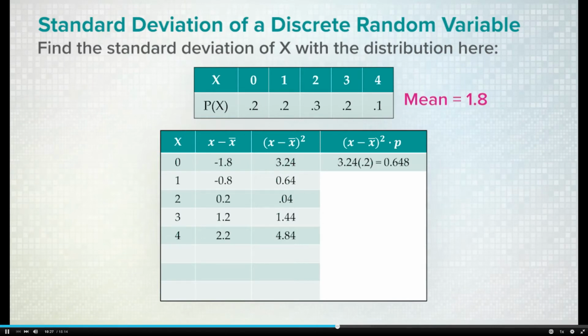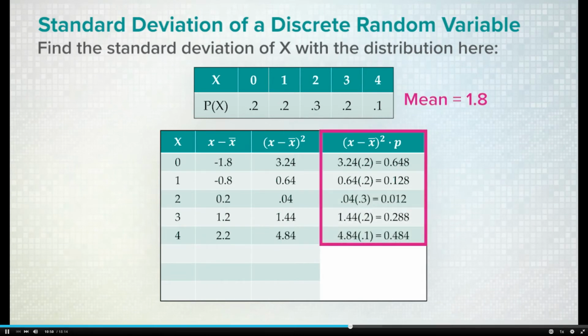I'll do this for each one of my entries. So one more I'll talk through is when x equals 1. The probability that x equals 1 is 0.2. So I'll take 0.64 times 0.2, and that gives me 0.128.